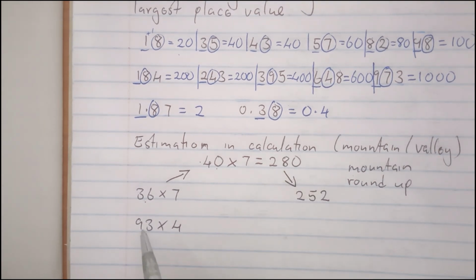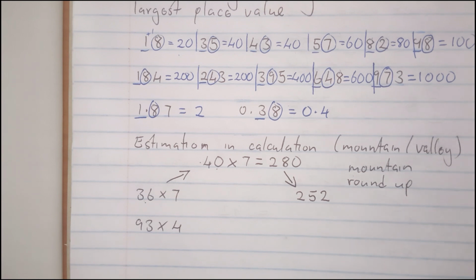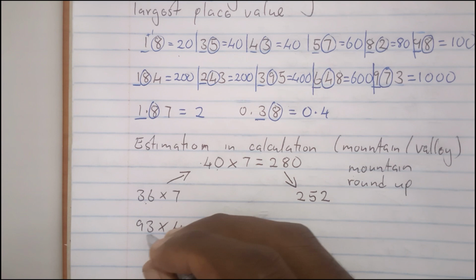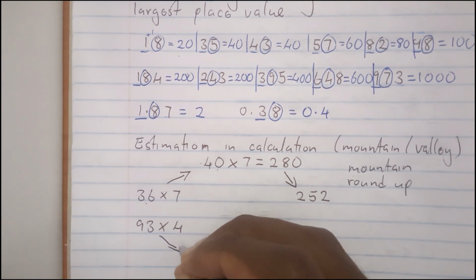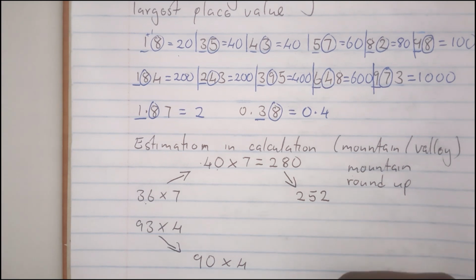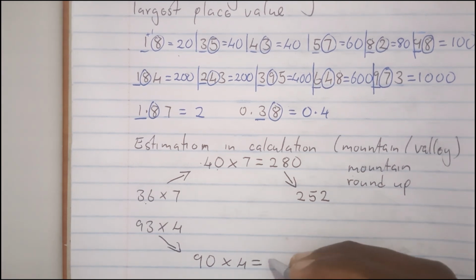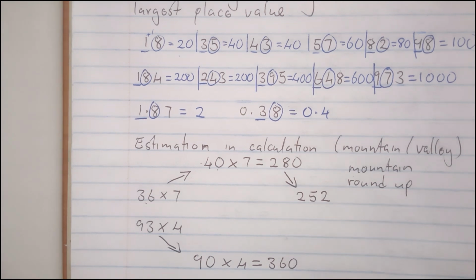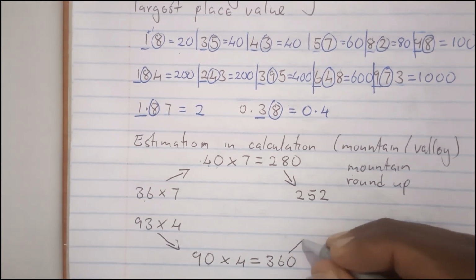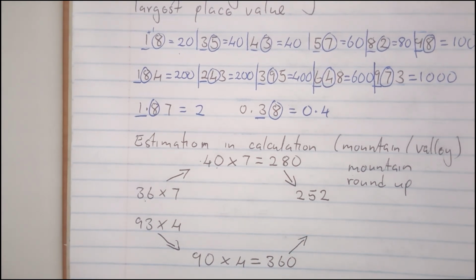We have 93 times 4. 93 times 4 will take me quite a long time to find out. But I can round this down to 90 times 4. 90 times 4 is 360. So simply because we rounded down, our answer will be bigger than that.